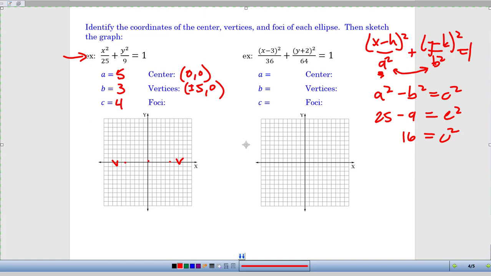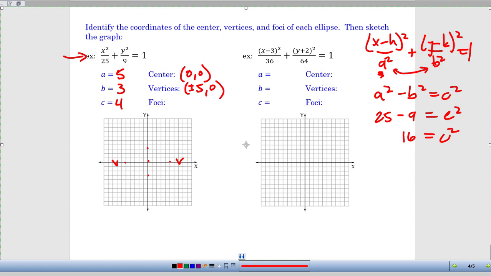Foci we'll get to in just a second, because we can use the b value to figure out how far in the vertical direction, in the y direction, our graph is going to extend. So that's going to be 3 units up and down. Those points don't have any special name. They're just the endpoints of the minor axis, the short distance across the ellipse.